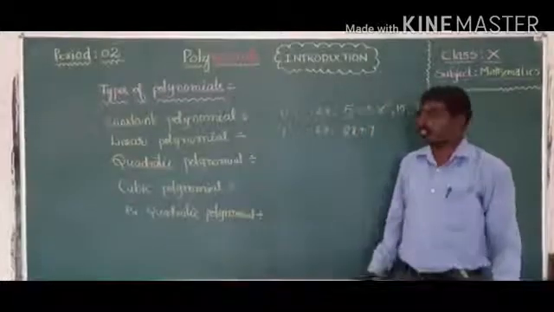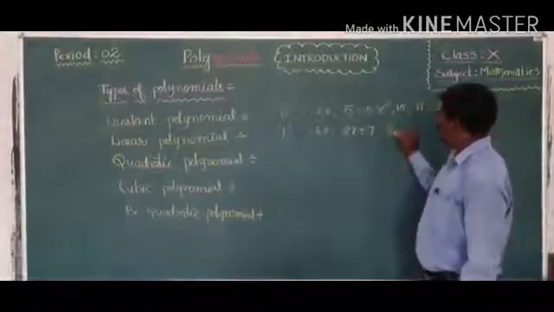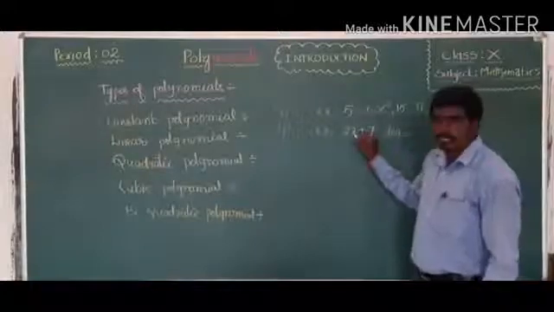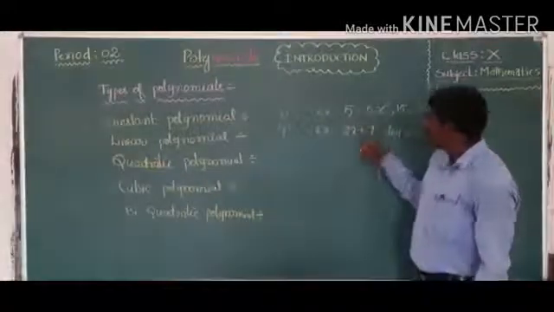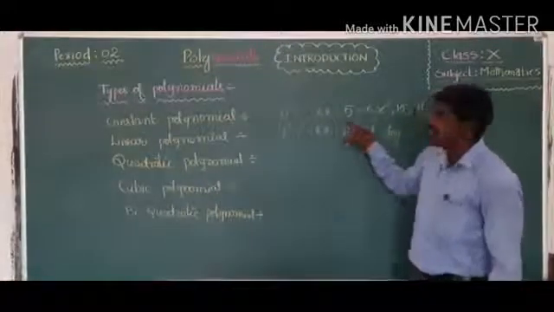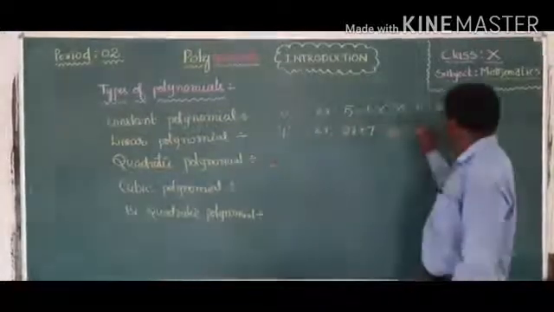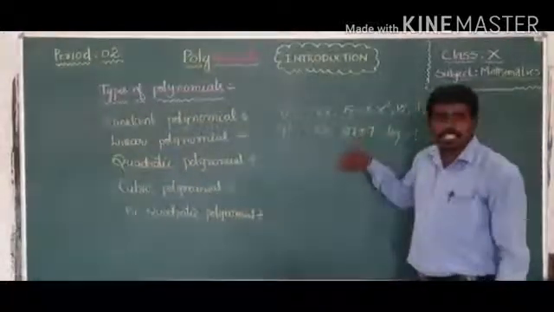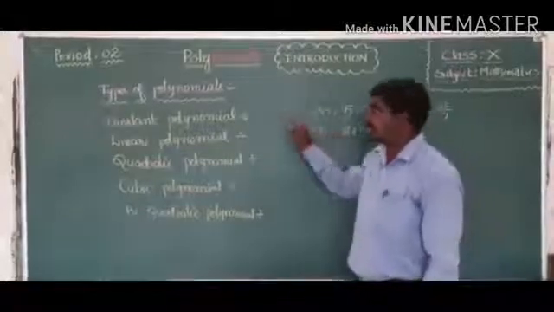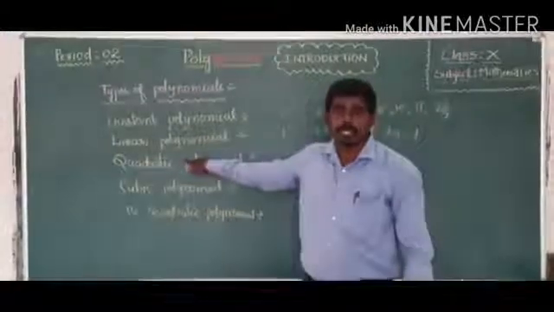The highest power of the variable is 1, so the degree is equal to 1. When the degree of a polynomial is 1, it is called a linear polynomial.